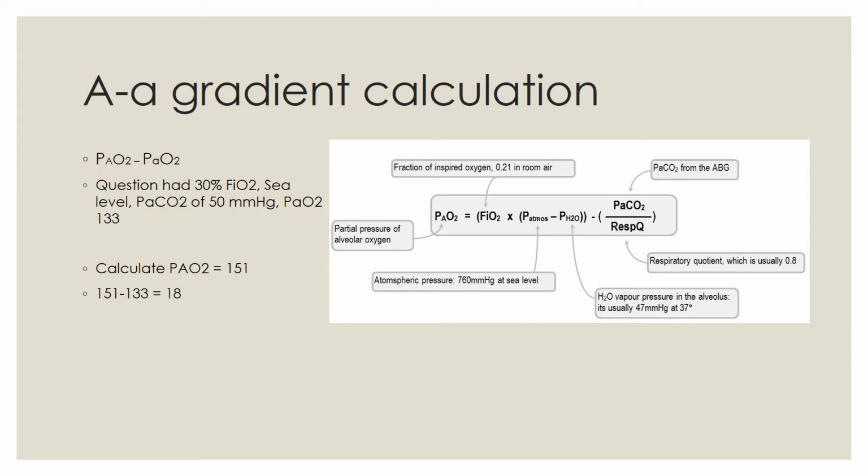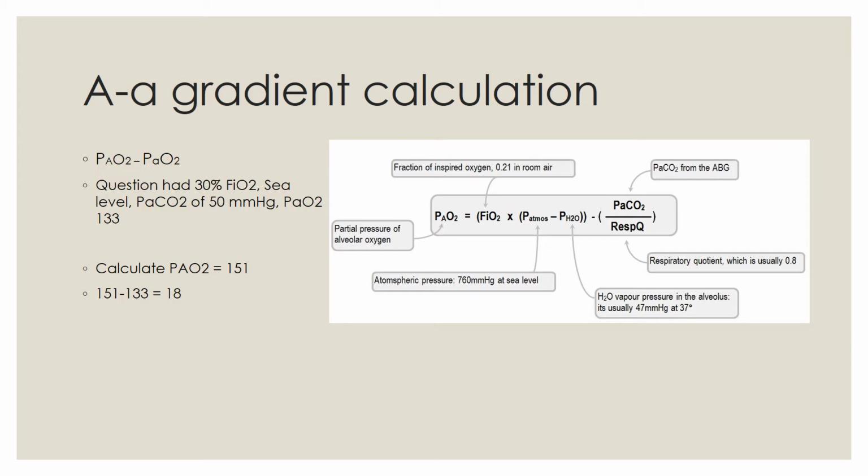So AA gradient means the big A means alveolar oxygen, and the little a means arterial oxygen. So alveolar oxygen is calculated. So this is the FiO2 times the atmospheric pressure minus the pressure of water.